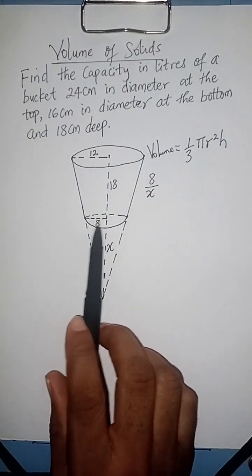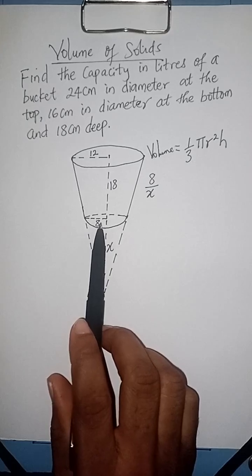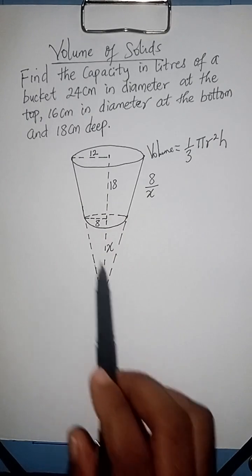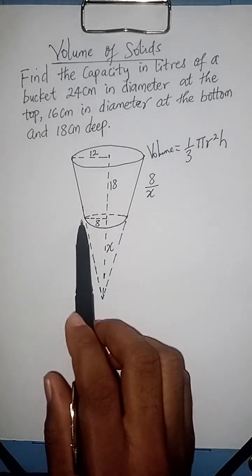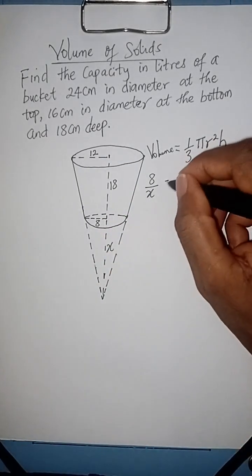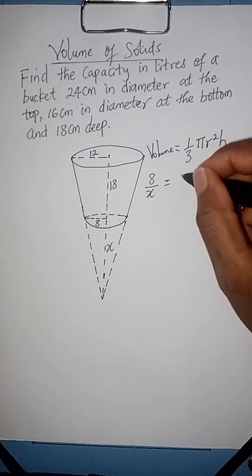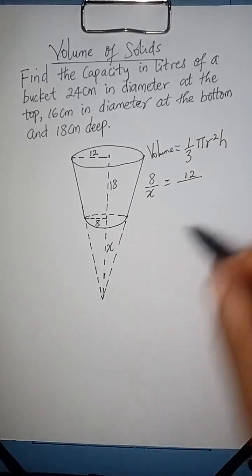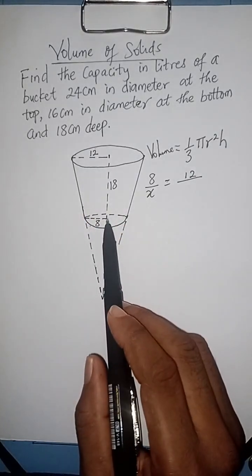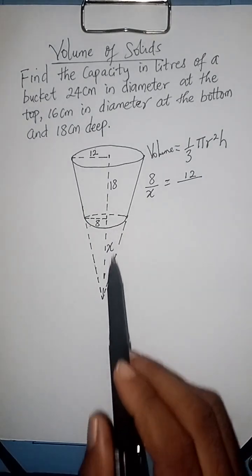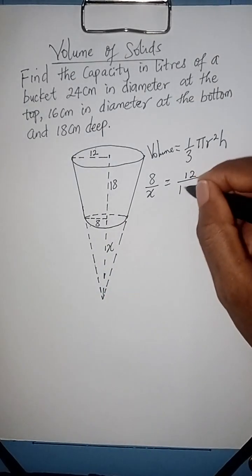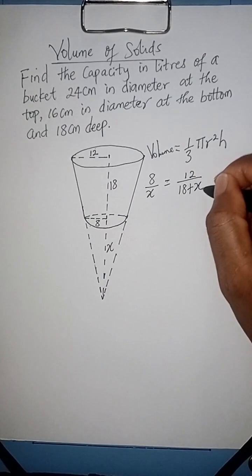The 8 here is the radius of the bottom of the bucket, and the x is this. So this one is for the smaller cone. And let's go to the bigger cone. It will be equal to, for the bigger cone, the radius is 12, which is similar to this 8. And remember, for the smaller cone, this is the height, but for the bigger cone, this is the height. So the height is 18 plus x.